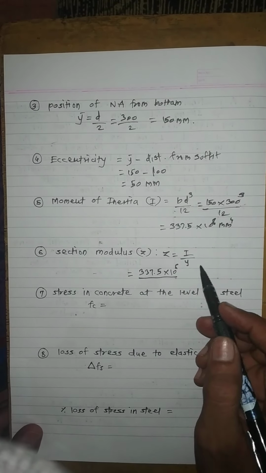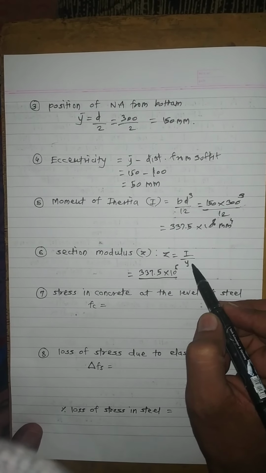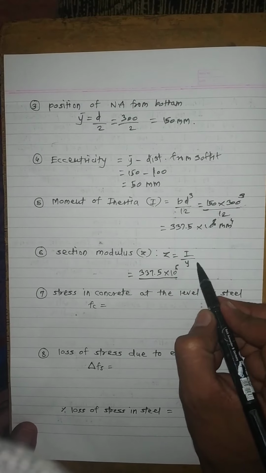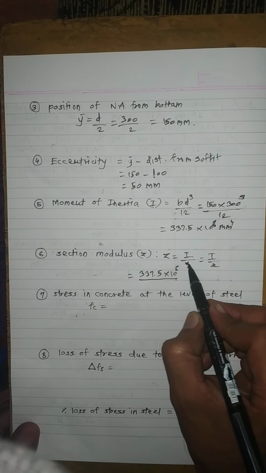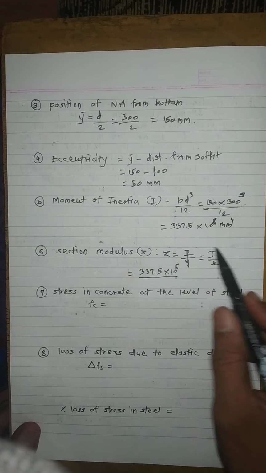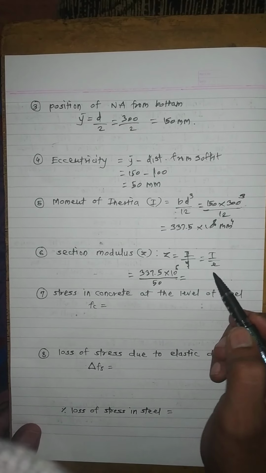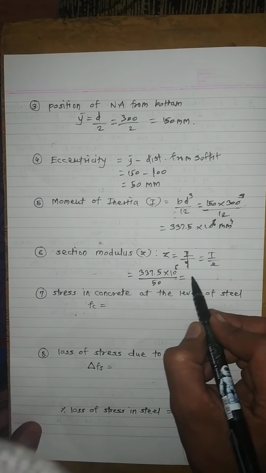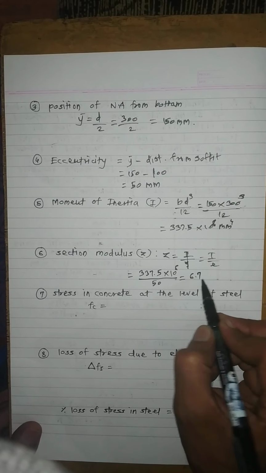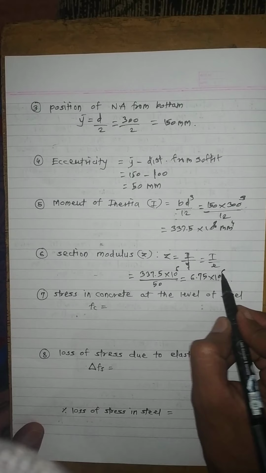Here instead of y we consider eccentricity, that is I by e. So Z is equal to I by e, and the eccentricity we already found is 50 mm, so divide by 50. After calculation, the value of Z is 6.75 into 10 to the power 6 mm raised to 3.